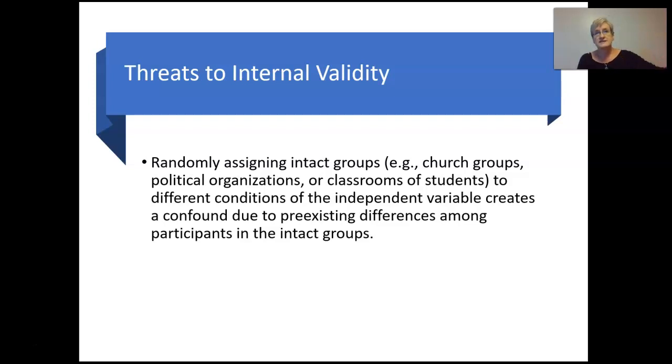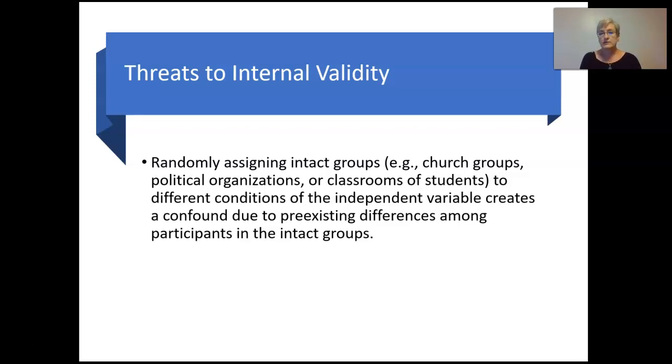If I take one section of my intro class from Monday, Wednesday, Friday and assign them to condition 1, and I take my Tuesday, Thursday class and assign them to condition 2, and then I take Dr. Meyer's Tuesday, Thursday class and put them in condition 3, by assigning those intact groups to the 3 conditions of the experiment, I can't control for any naturally occurring differences between those groups.